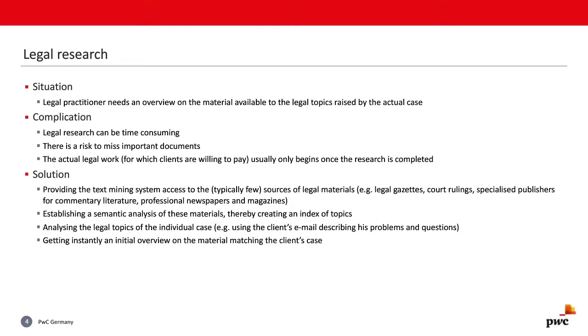Now, what we can do here with Cortical's approach is we can actually take the email by the client or anyone who requested a legal question, put this into the system and let it compare to every piece of text that is in the repositories of these legal publishers in order to make a match and ask the machine in simple words, what does this email remind you of? And then comes out of the machine, well, these are the statutory provisions I found, and these are commentary literature texts, and here this book is something you should read, it's on the topic.